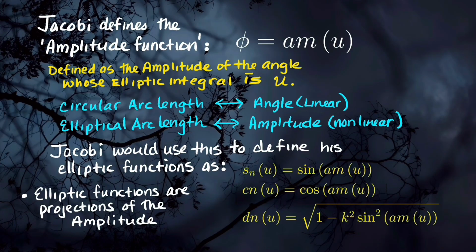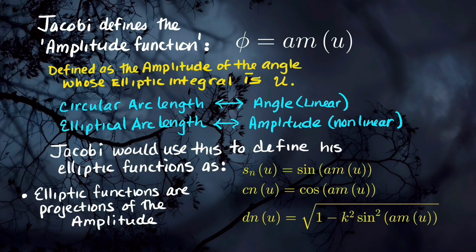Jacobi defines the amplitude function. Phi is equal to the amplitude of u, the amplitude of the angle whose elliptic integral is equal to u. You see, Jacobi would use this to define his elliptic functions as the sine and cosine versions of the ellipse, and define three functions which he would call the elliptic functions, projections of the amplitude.